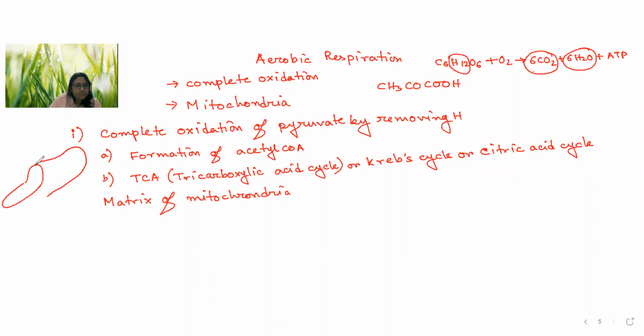Mitochondria is a rod-shaped structure, and it has double membrane bound structure. The inner membrane folds in between to form finger-like projections, which is called cristae, just to increase the surface area. So matrix is the jelly-like substance present here. This is the location of the first step, that is related to the complete oxidation of pyruvate.